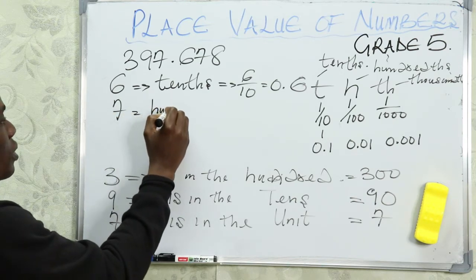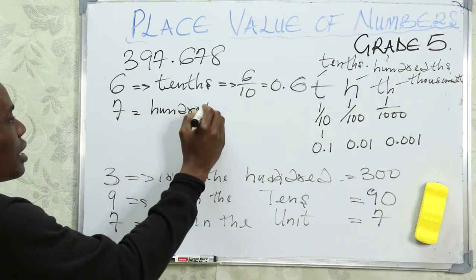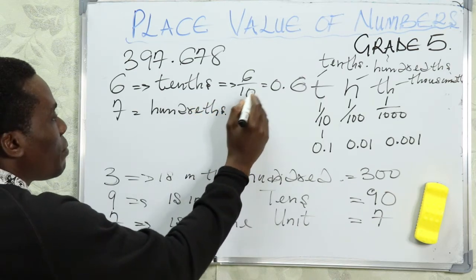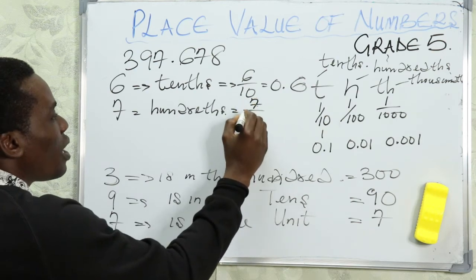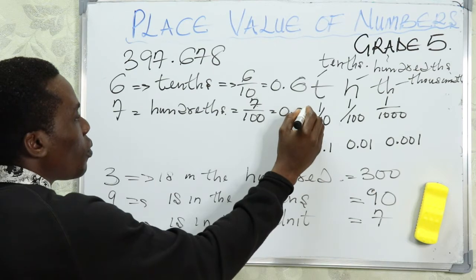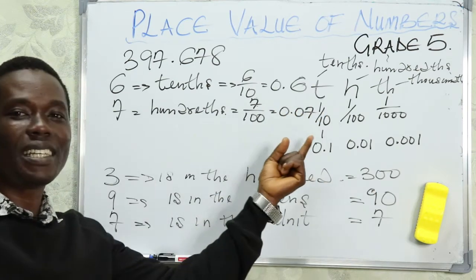Now the 7 is in the hundredth place, and it can be represented by 7 over 100, which is equal to 0.07. Remember that.